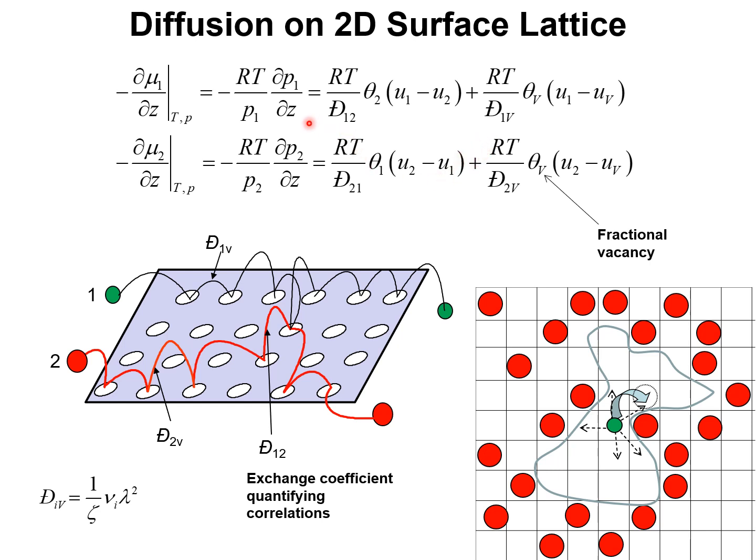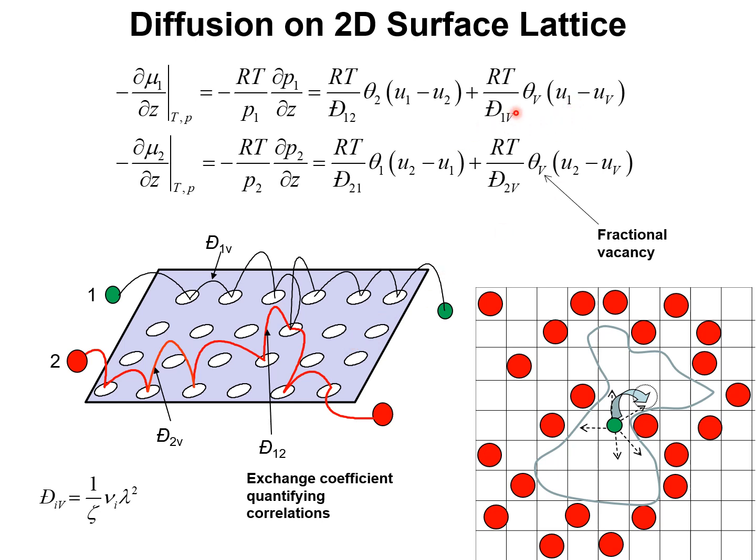There are 2 types of frictional contributions for component 1. One is the contribution to the friction with respect to the solid surface, and in this case we represent that solid surface as being represented by vacant sites.